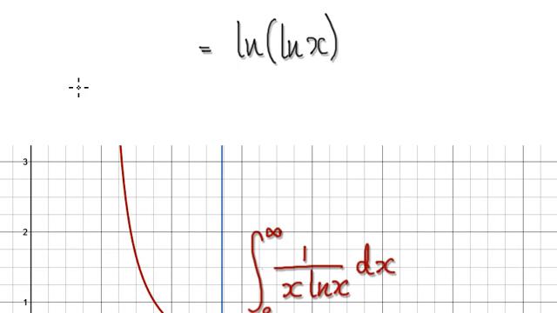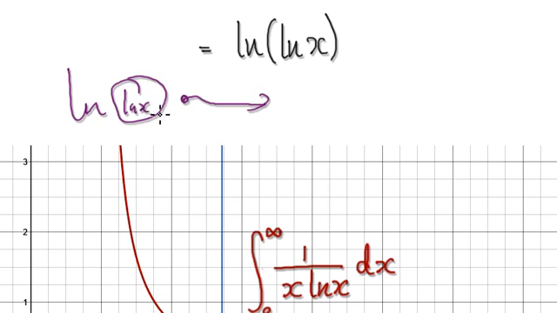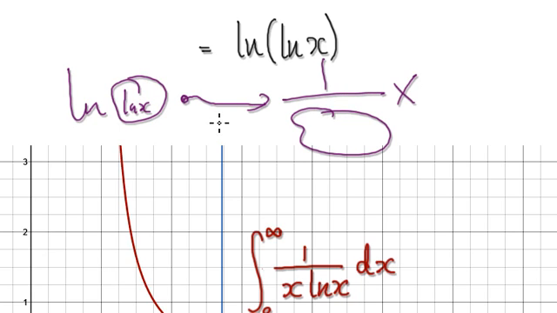And if you think about it, if I were to give you natural log of bubble, and don't forget natural log x is in here, and then ask you to differentiate it, it would be 1 over the bubble times the derivative of the bubble itself. The derivative of the bubble itself is 1 over x.